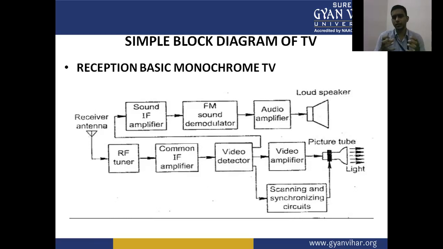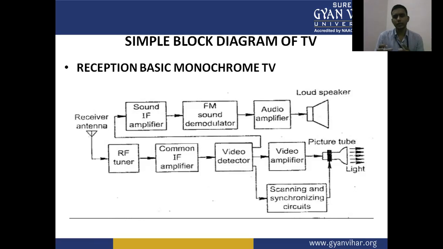This signal is received by the receiver antenna. The receiver antenna receives the signal and feeds it into the RF tuner. The RF tuner is a device which tunes the signal to a particular frequency band. Then we have the common IF amplifier, then the video detector and video amplifier.